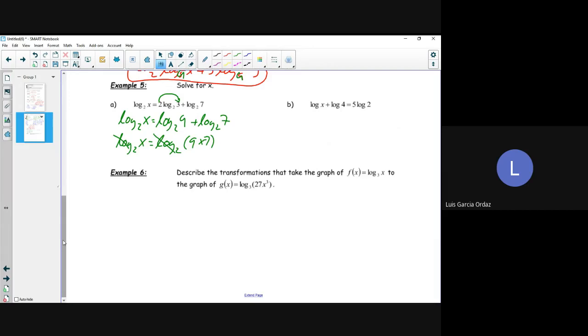So what does our x value give us? 63. So which means x is equal to 63.